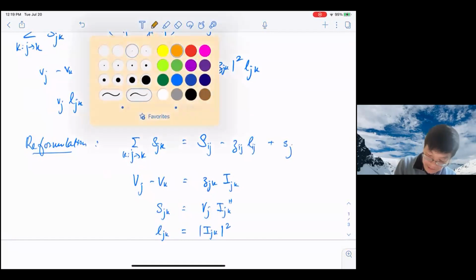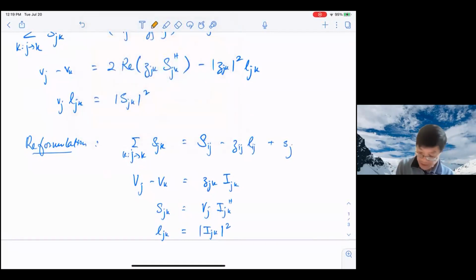Therefore, in this reformulated model, we have variables Sj, the voltage phasor Vj, not the magnitude squared, the complex power, and then the current phasor and its magnitude squared. So these are complex variables.